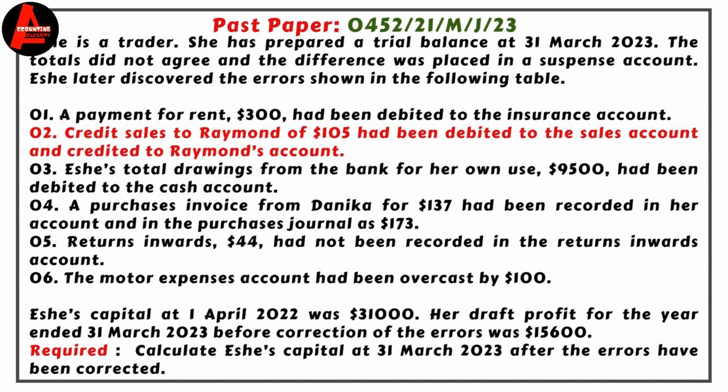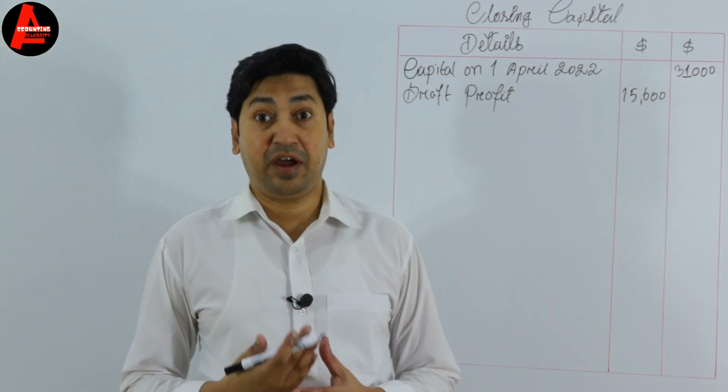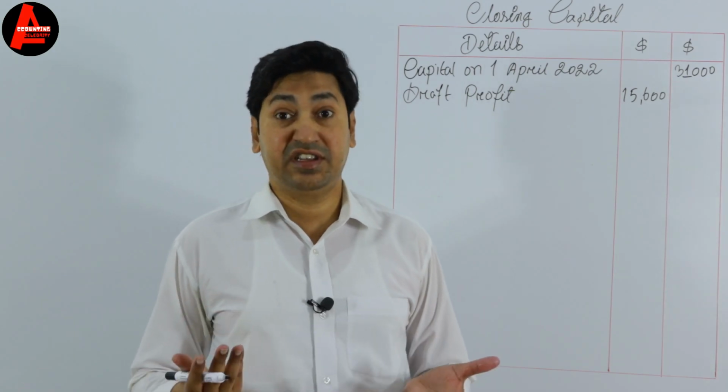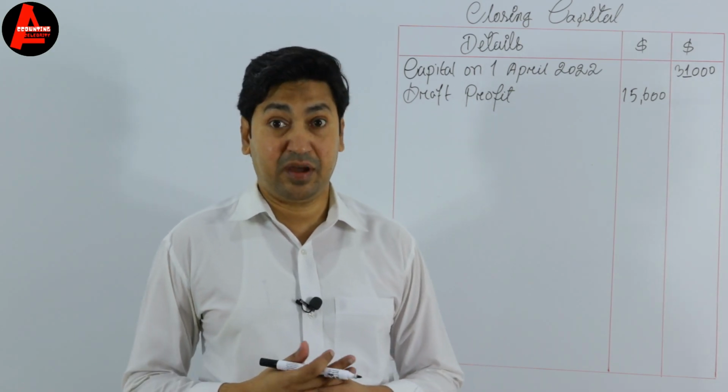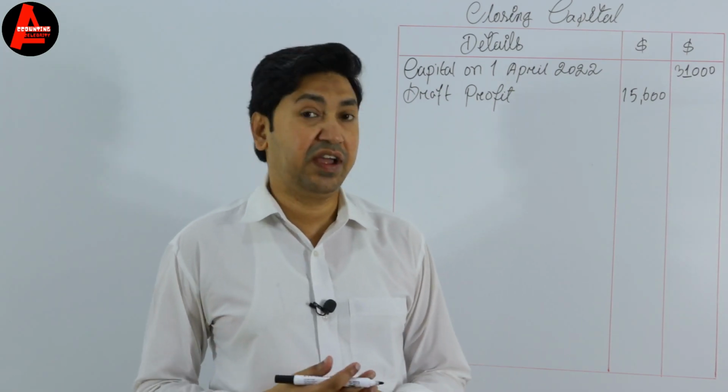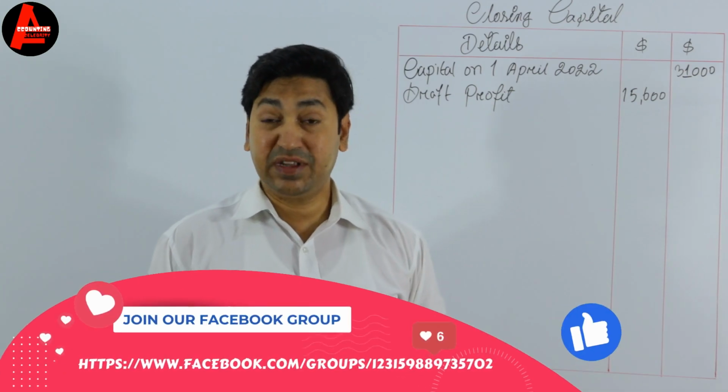Credit sales to Raymond of $105 had been debited to the sales account and credited to Raymond's account. This is the error of complete reversal. If you see this type of error, we need to double this amount. So here 105 will be 210. Here sales is debited mistakenly, right?